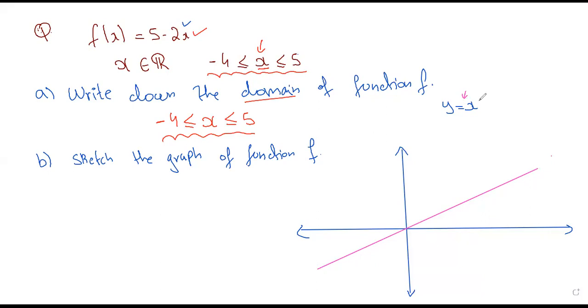The only difference is that if I plot y equals 2x, it would be steeper. Why is it steeper? Can anyone tell me why this red graph is steeper? This is for y equals 2x and this is for y equals x.